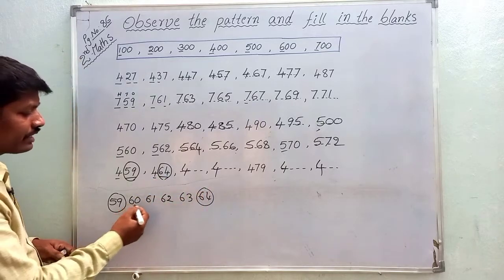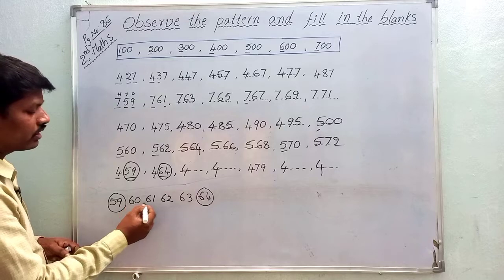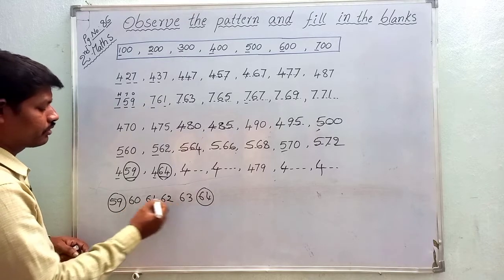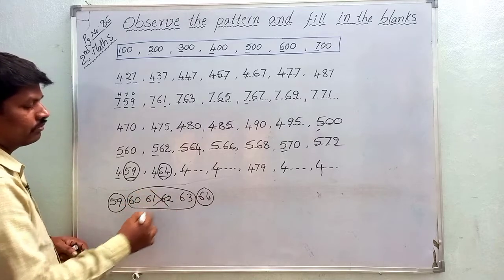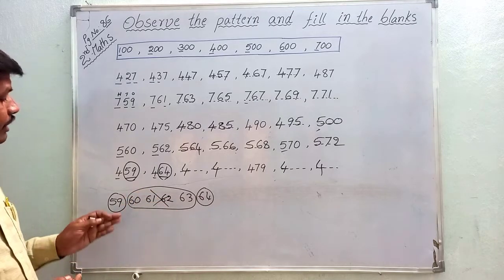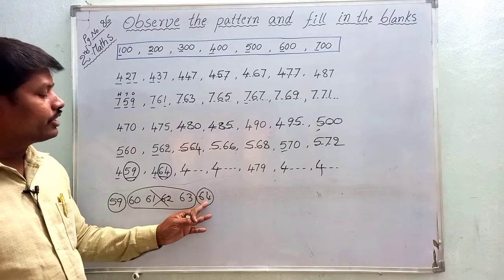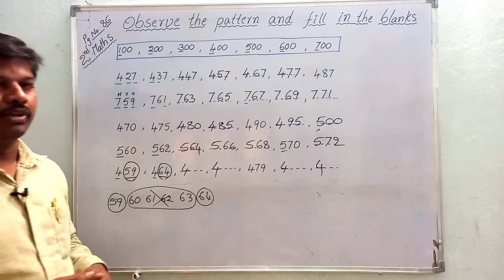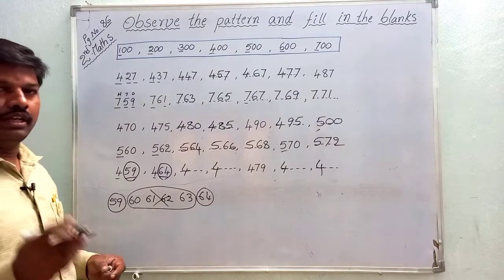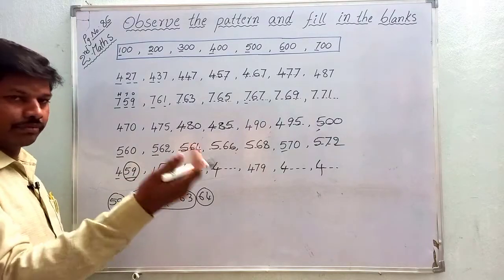How many numbers are left out? 1, 2, 3, 4. 4 numbers are left out. That means after 64 we have to leave 4 numbers and write the fifth number. Let us count the fifth number.